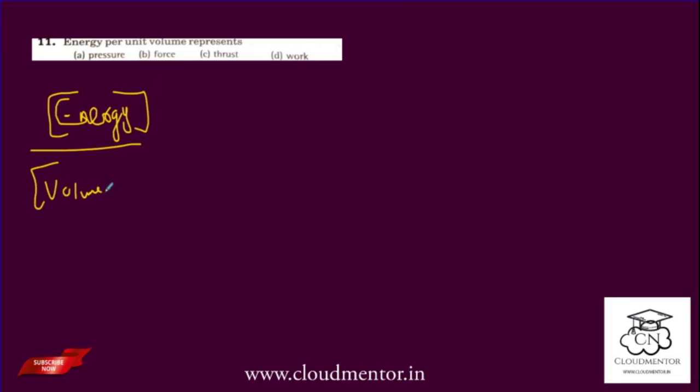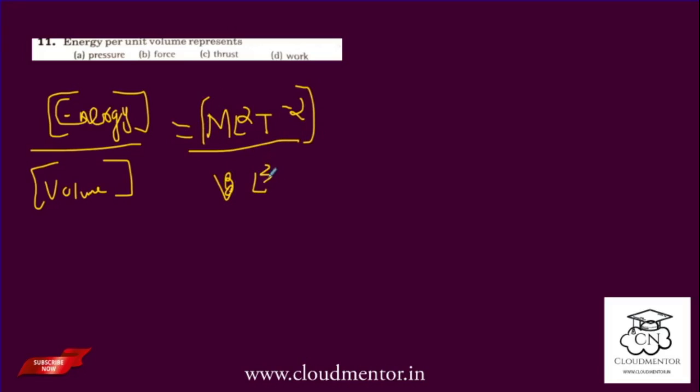For energy we know the formula is ML square T raised to minus 2, divided by volume, that is L cube. So that will be equal to M L raised to minus 1 T raised to minus 2. So we now know the answer, that is pressure.